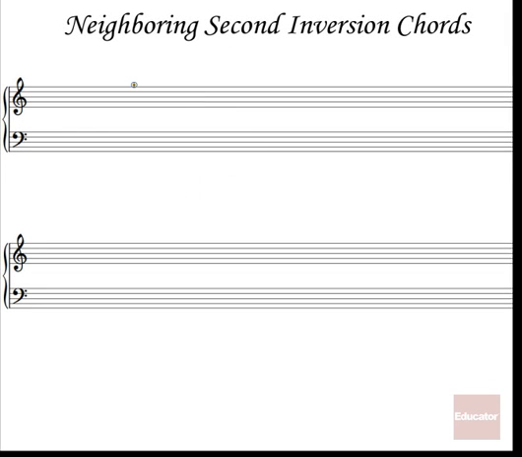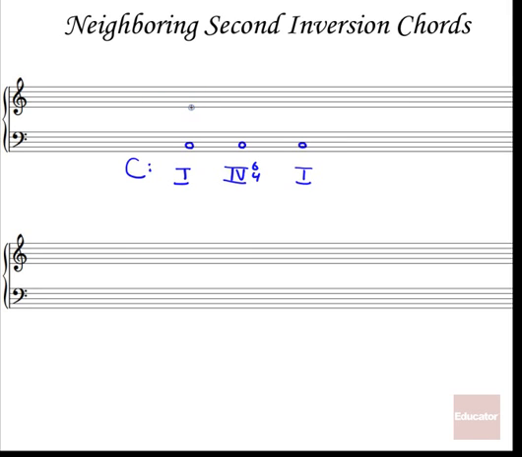Okay, the second type of 6/4 chord is a neighboring chord, and the bass line for that looks like this. We've got a 1 on one side and a 1 on the other side, and the bass line stays the same. So this, of course, C in C major for a 6/4 chord has to be a 4/6/4.